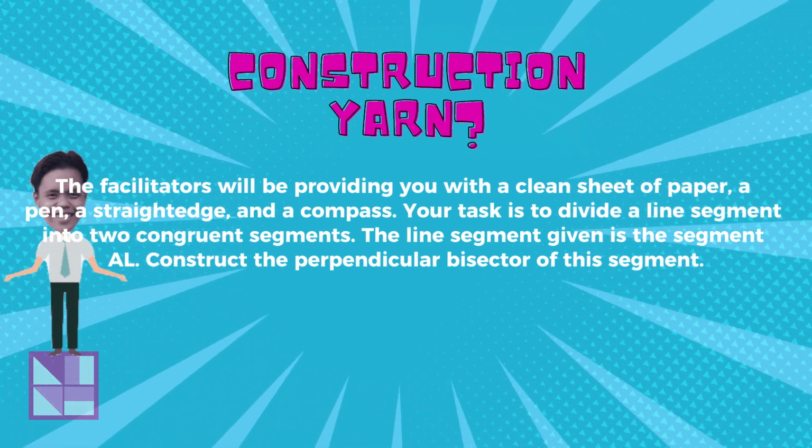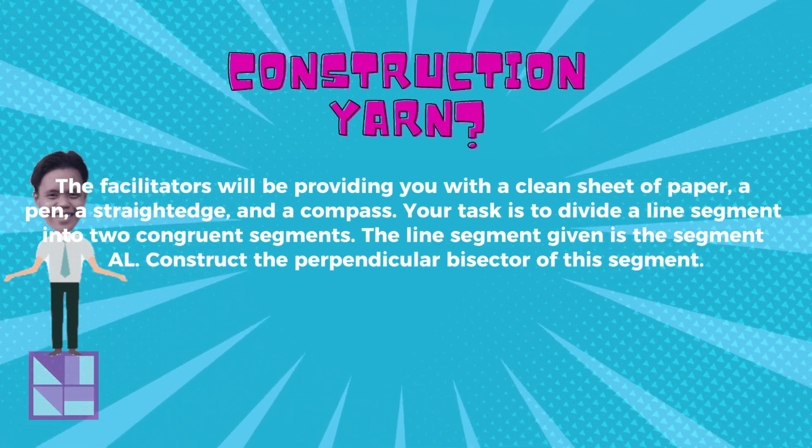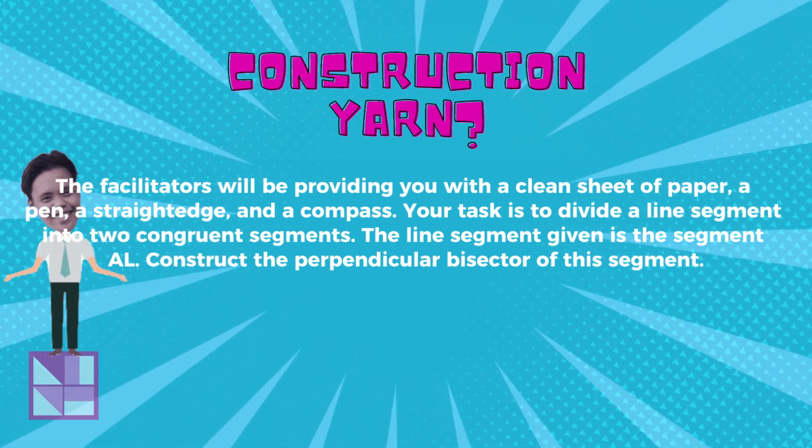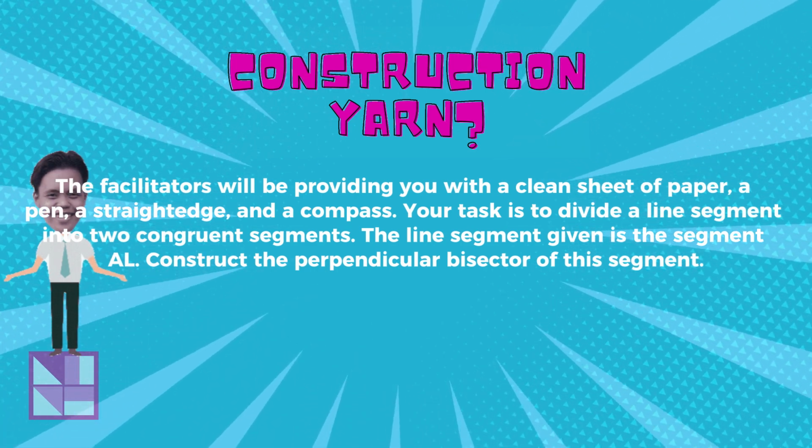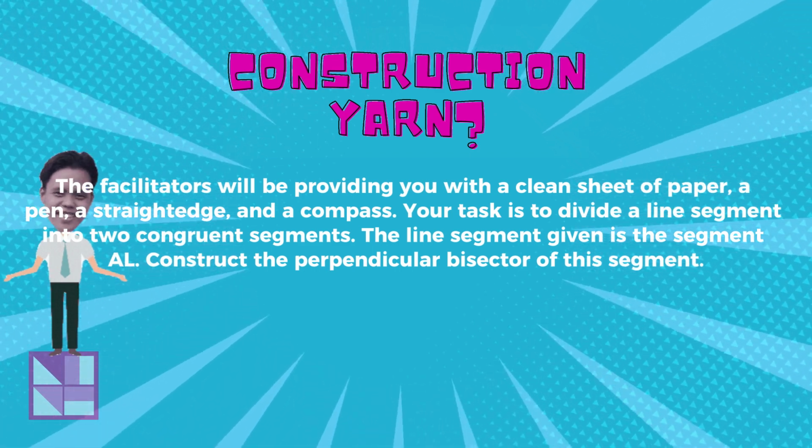The line segment given is the segment AL. Construct the perpendicular bisector of this segment. You have 5 minutes to finish this task.